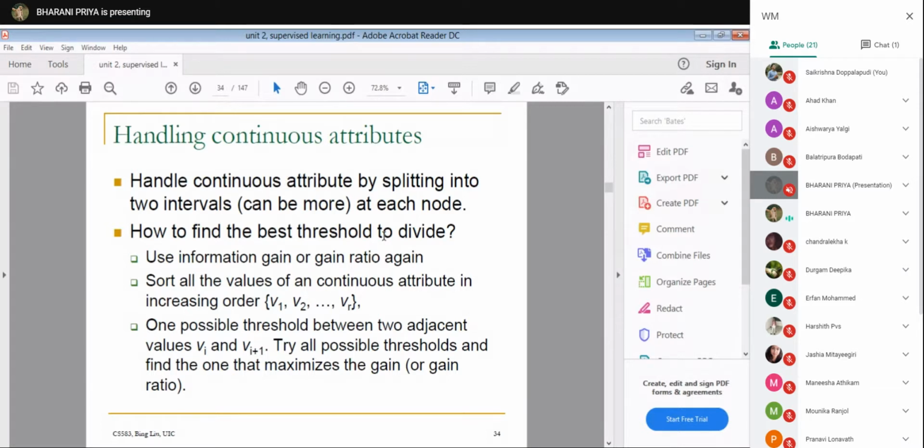Say the maximum value is 49 or 50. Split the data into 1 to 25 and 26 to 50. Then the continuous value becomes categorical, with two categories.